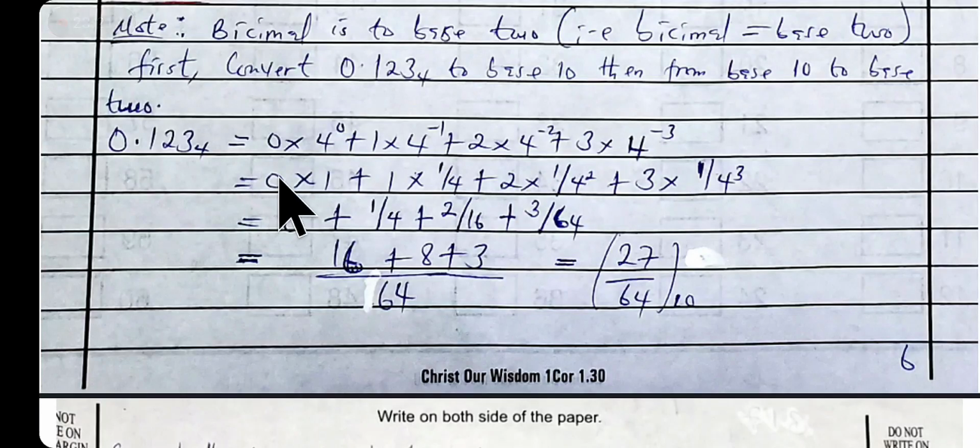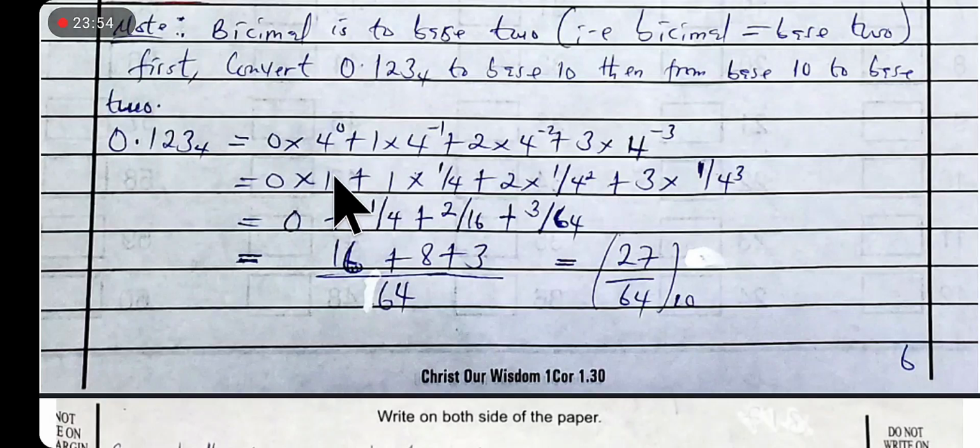So we have 0 times 4 raised to the power 0. Anything raised to the power 0 is 1, plus we have 1 here. This 1 times 4 raised to the power minus 1 means 1 all over 4, plus 2 times 4 raised to the power minus 2 is the same thing as 1 all over 4 raised to the power 2, plus 3 times 4 raised to the power minus 3 is the same thing as 1 all over 4 raised to the power 3.